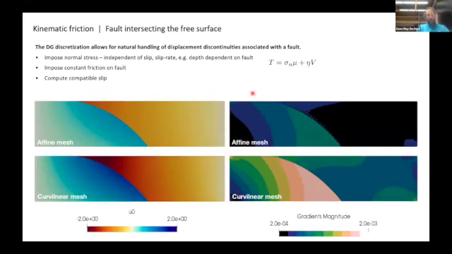And so what we show here are basically the solutions you get for this very simple geometry using affine meshes, so triangle mesh edges that have straight line segments, versus curvilinear.